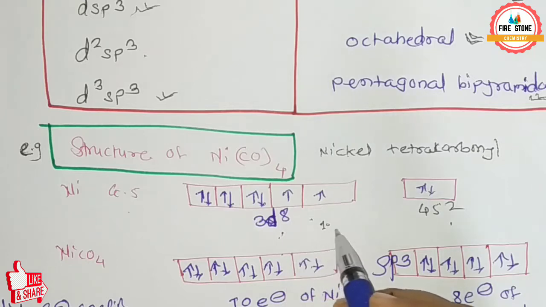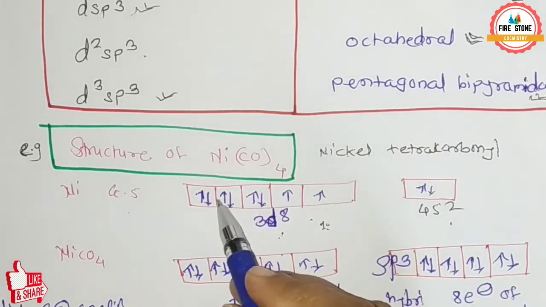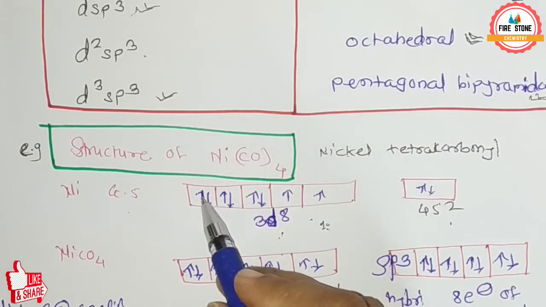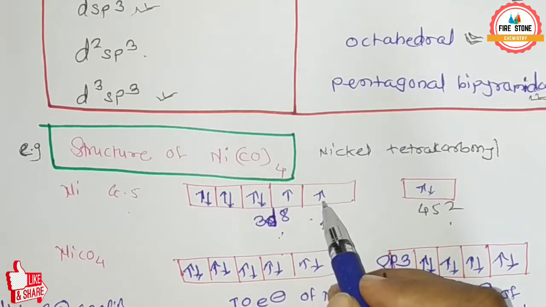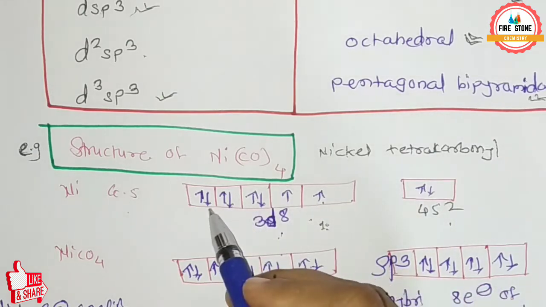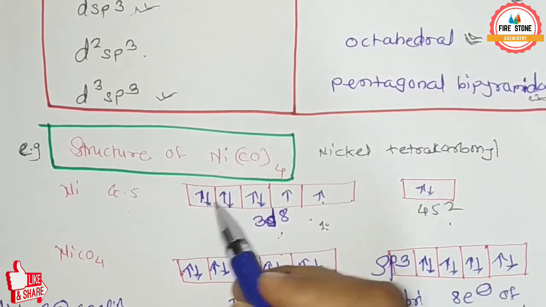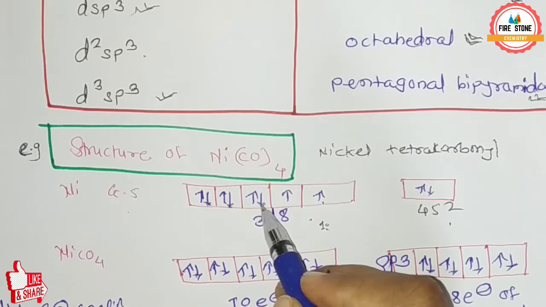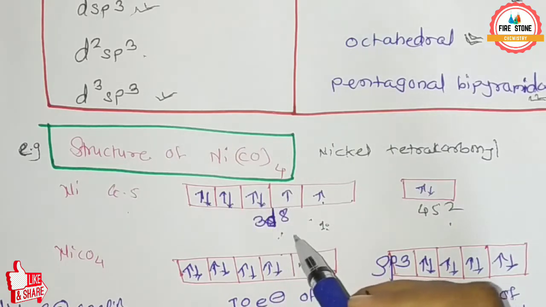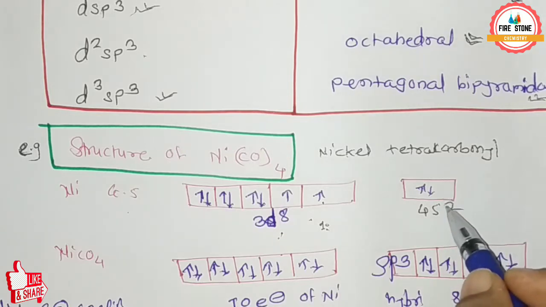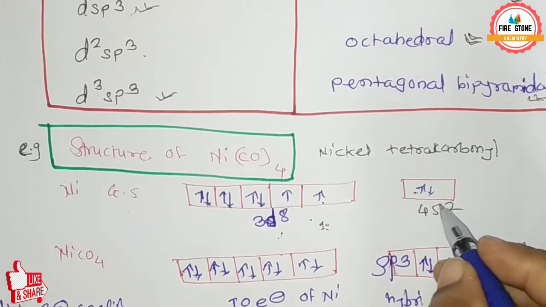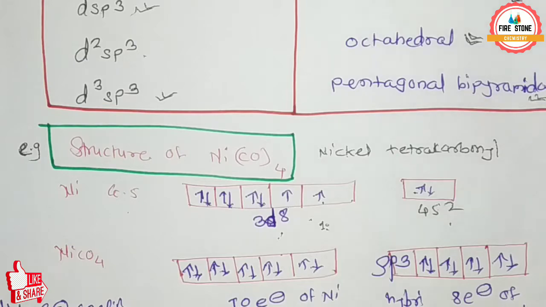So for d8, we fill one electron in each of the 5 orbitals, then we fill one more electron in each of three orbitals, that is 3d8, and the remaining electrons we fill in 4s2, that is, in the s orbital there are 2 electrons.